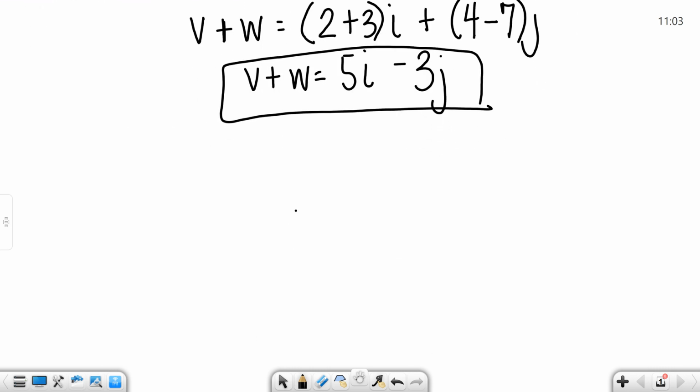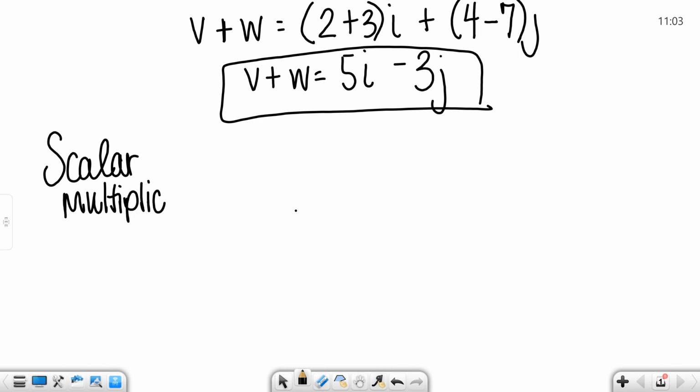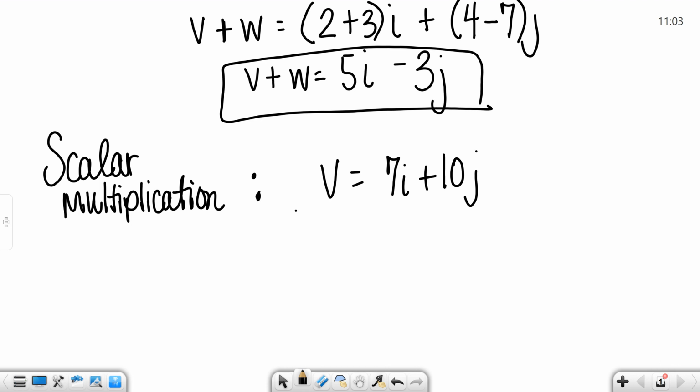We could subtract vectors, and we would do those the same way, being careful with our signs. Scalar multiplication, all that means is that you can multiply a vector by a number. So let's say we have vector v and it is 7i plus 10j. And I want us to find 8 times the vector.